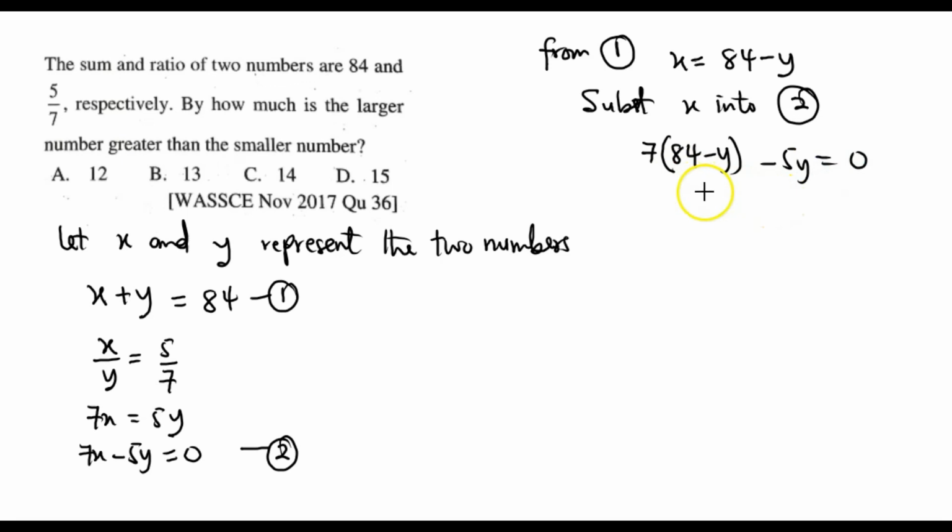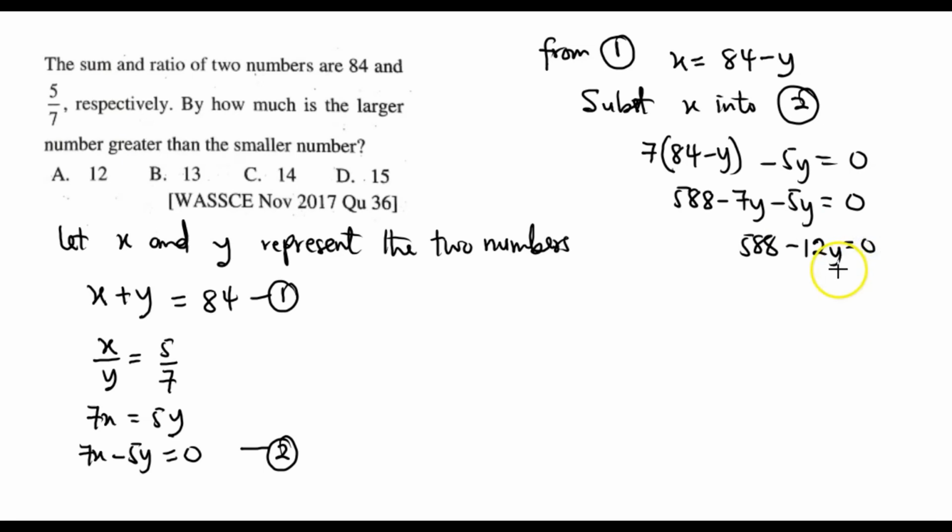Multiplying 7 by 84, we get an answer of 588. 7 times negative y will give us negative 7y, minus 5y should be equal to 0. In this case, 588 minus 12y should be equal to 0.